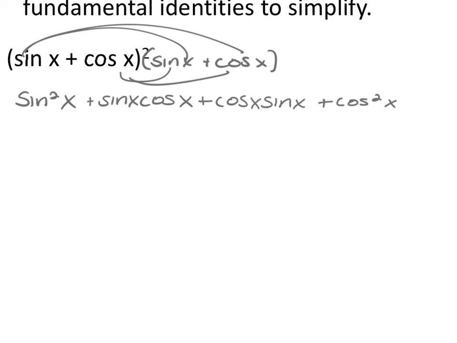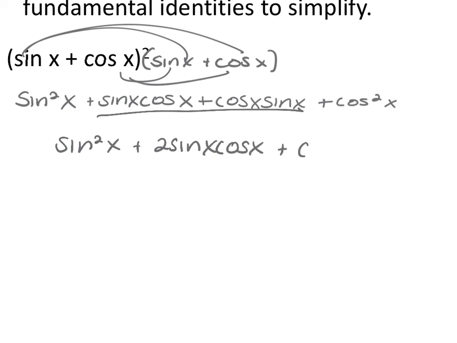It's multiplication, so order doesn't matter, right? If it was sine minus cosine and cosine minus sine, that's different. But if it's multiplication, order doesn't matter. So I can actually combine these into one: sine squared of x plus 2 sine x cosine x, and the order there doesn't matter, plus cosine squared x.